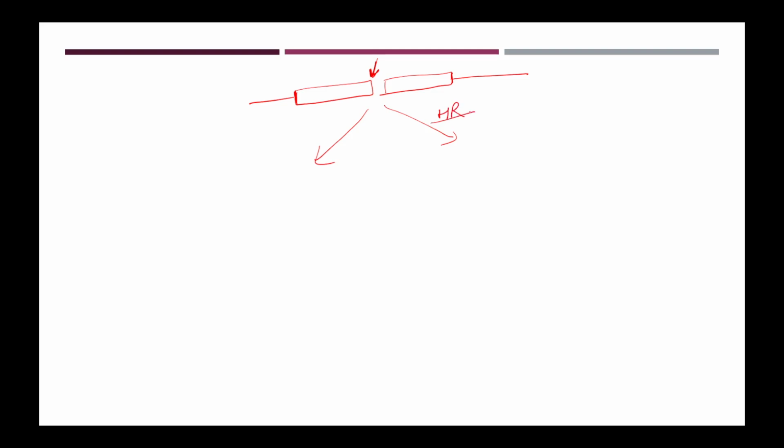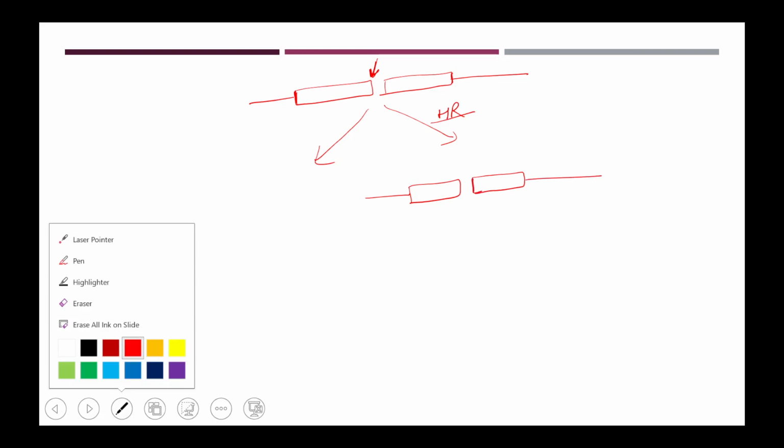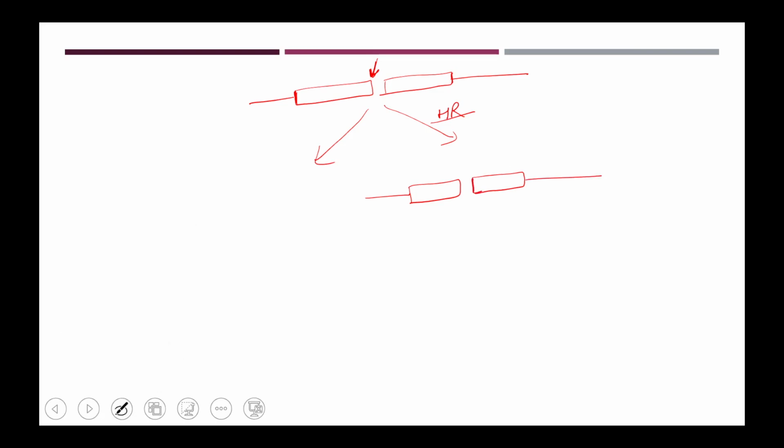So you can exploit this break via two methods. One is homologous recombination mediated. Suppose you want to make a mutation in this particular gene.